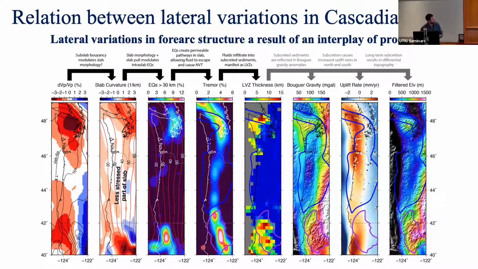These fluids may make that basal accretionary process more efficient. So where we have increased amounts of tremor, we have increased amounts of fluids, and this leads to weaker material and the easier transfer of that material from downgoing to overriding plate.